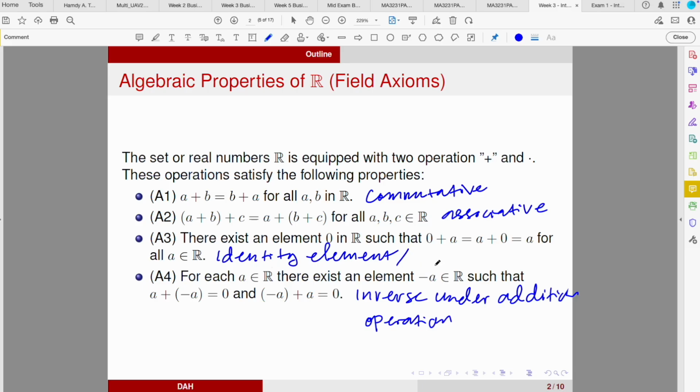The identity element, another name is the unity element, under the addition operation.